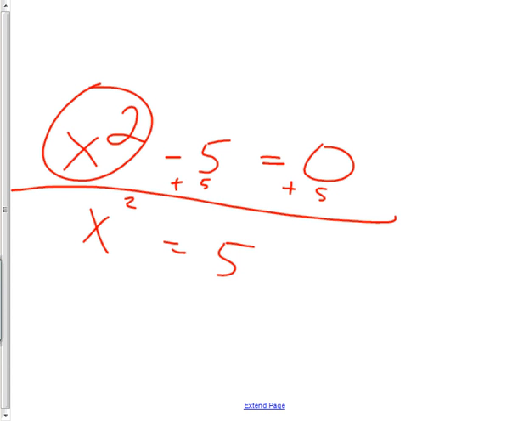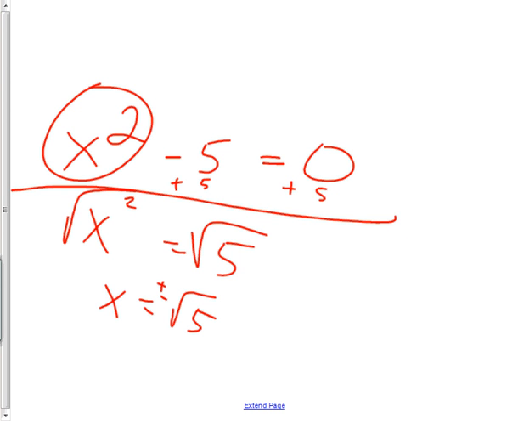Now from here, if it said extract the square roots, don't you think we might want to use a square root? So I'm going to square root both sides. Square root, and then x equals the square root of 5 is missing part of its answer. What did I forget to do? Plus or minus. All right.